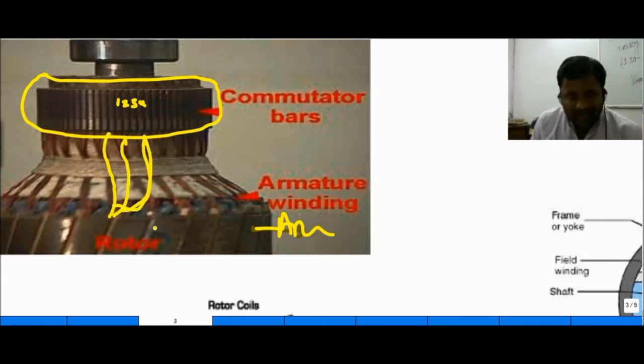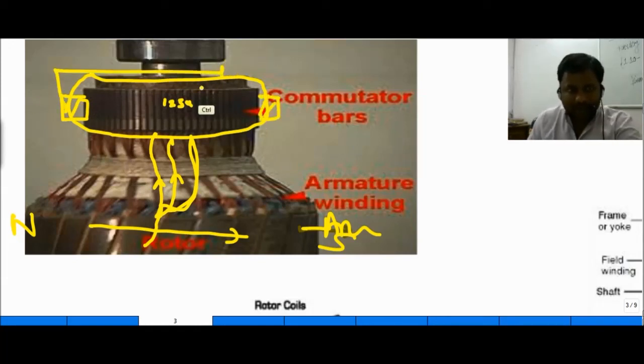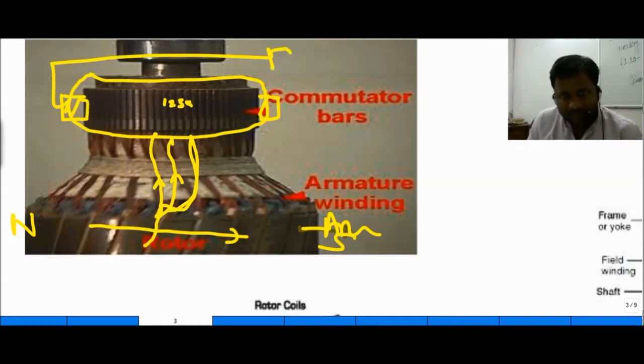Let us suppose the north is there and the south is there, and the flux will cut this rotating conductor. Current will flow, going towards this commutator segment, and at this point two brushes are connected, and we take the load and go towards the load.